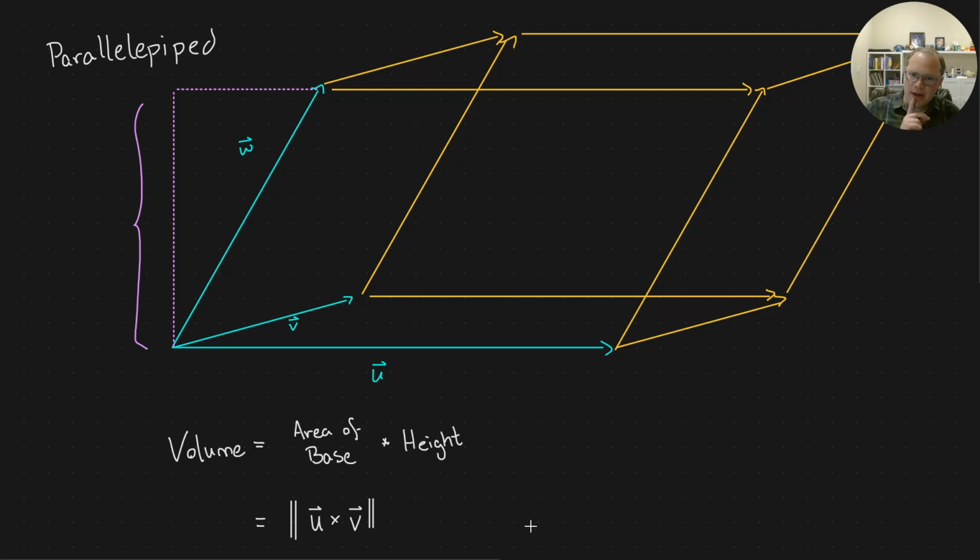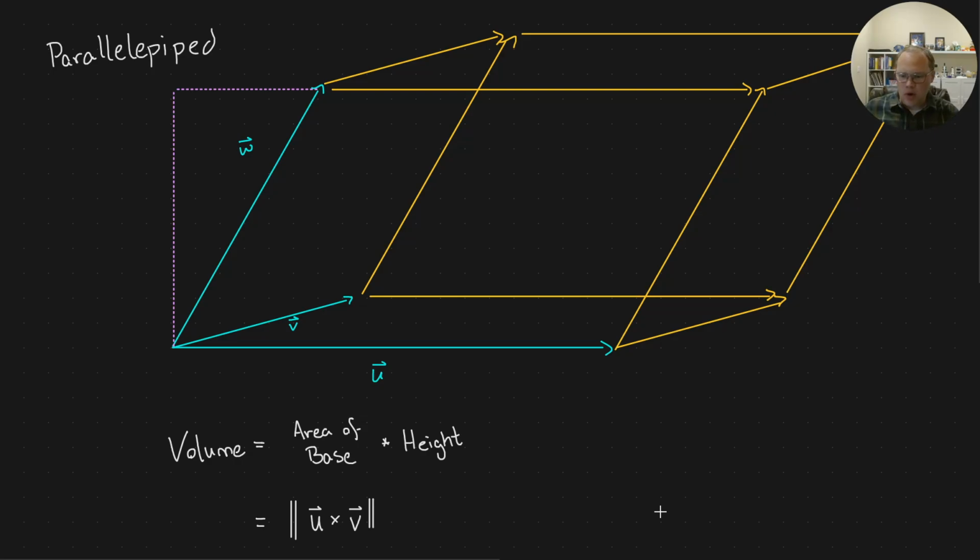It'd be really great if we could find a vector that points going directly away from the base, right? Because that's how we want to find our height. We want to go directly away from the base. That would mean we want to be orthogonal to both vector v and vector u. How could we find a vector that is orthogonal to both vector v and vector u?